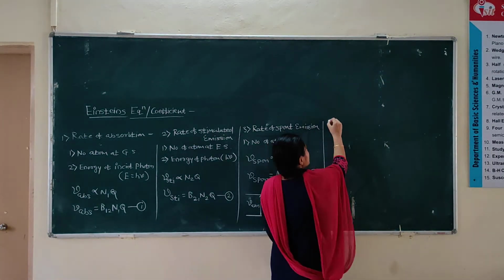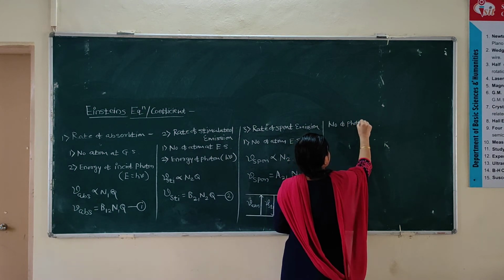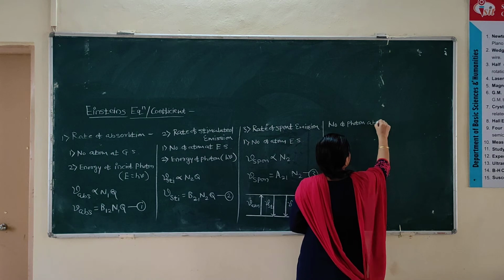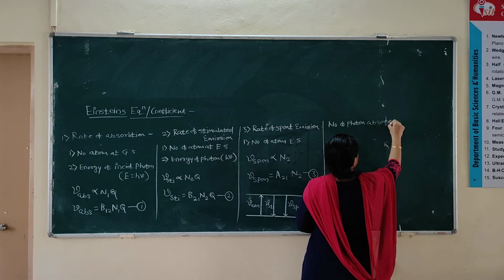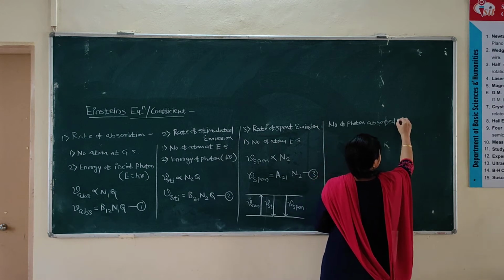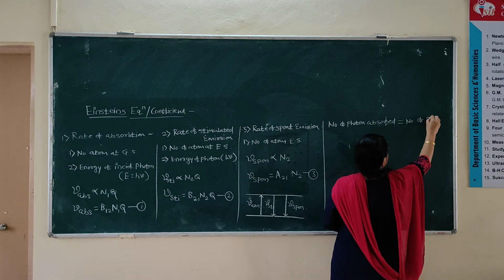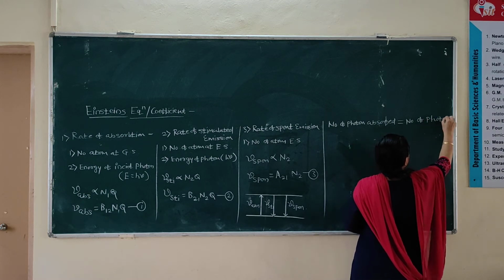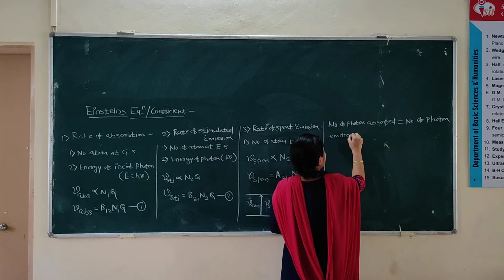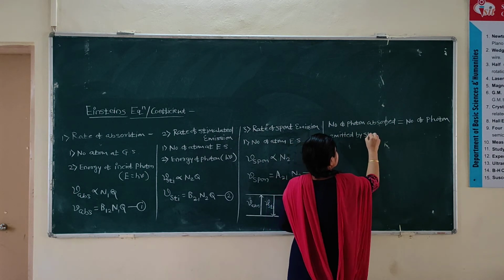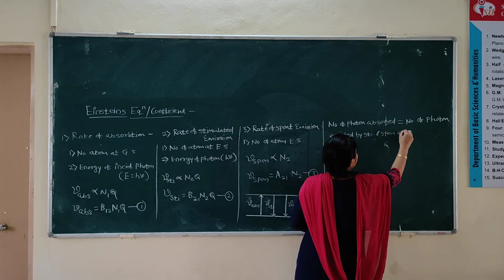Hence, we can write that the number of photons absorbed per second must be equal to the number of photons emitted by stimulated emission and spontaneous emission.